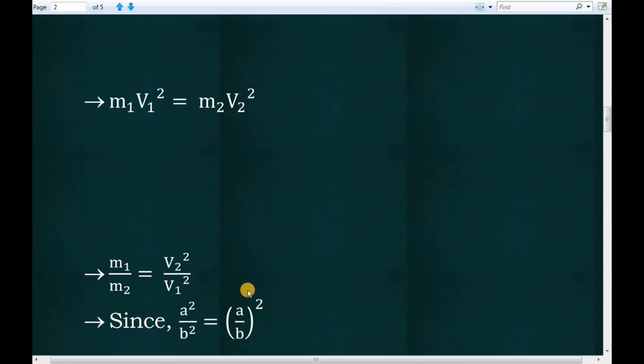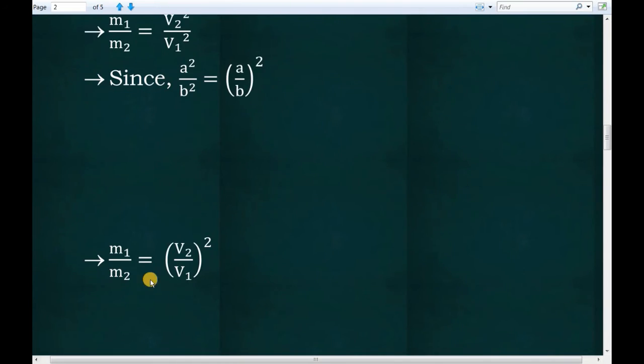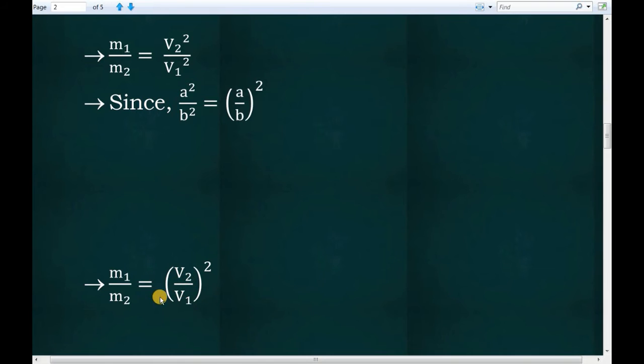We get m1 by m2 is equal to v2 square divided by v1 square. In this RHS, v2 square divided by v1 square can be rewritten as v2 by v1 whole square, because a square divided by b square is a by b whole square. So the next step will be m1 by m2 is equal to v2 by v1 whole square.